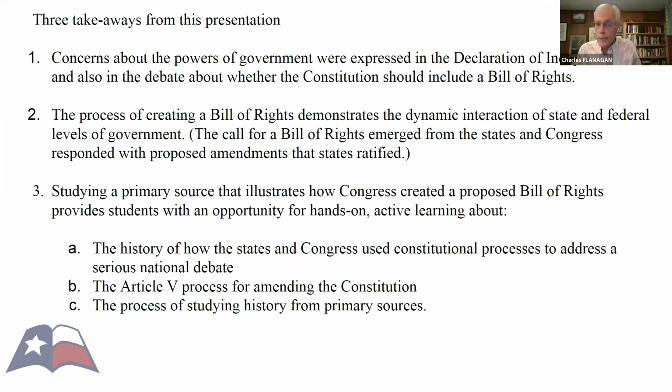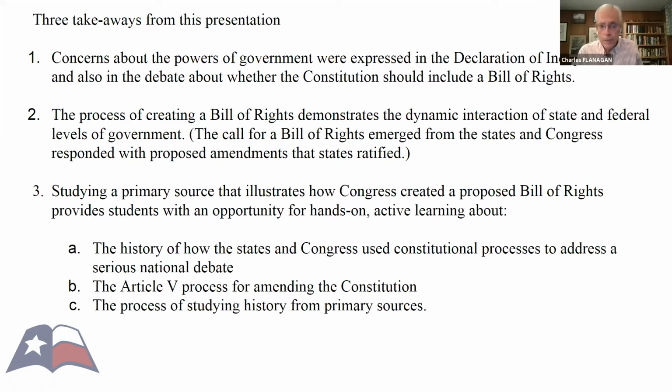Third, studying a primary source that illustrates how Congress created a proposed Bill of Rights provides students with an opportunity for hands-on, active learning about the history of how the states and Congress used constitutional processes to address a serious national debate.